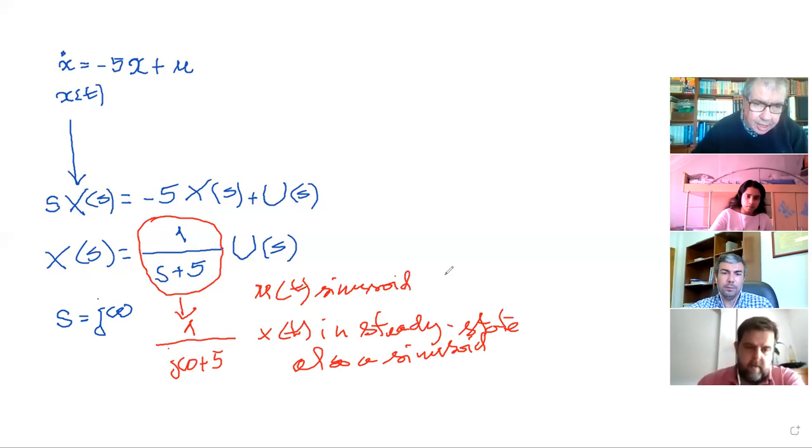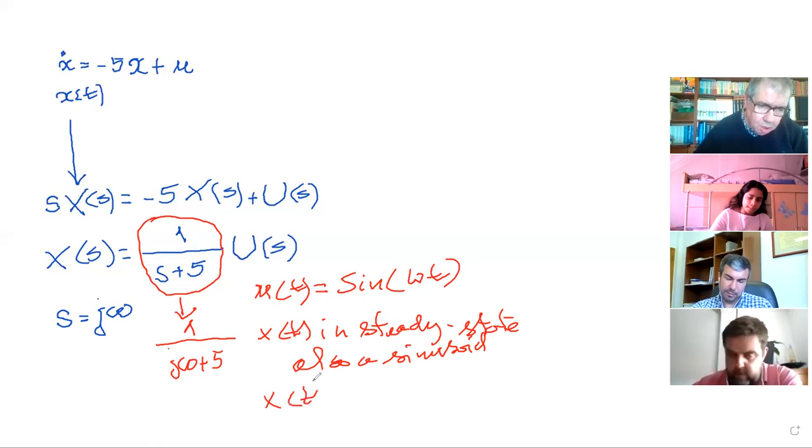So if u of t, for instance, is sine of omega t, then x of t is, again, let's call it A, sine of the same frequency plus a phase.